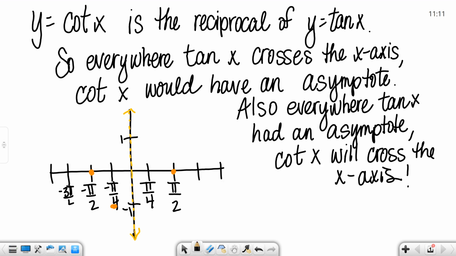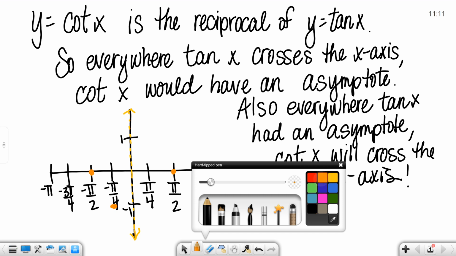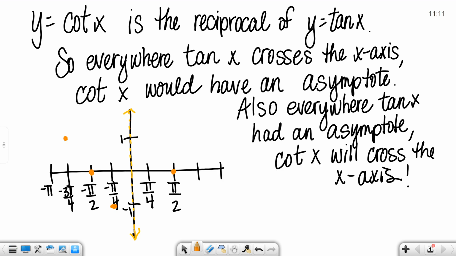So -3 pi over 4, and then -pi. At -3 pi over 4, the cotangent is +1. And at -pi, we would have another asymptote. So cotangent goes the other direction, because it's the reciprocal.